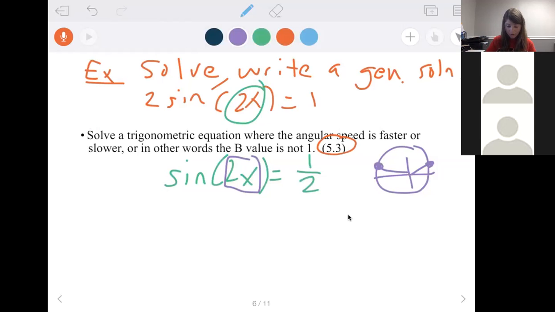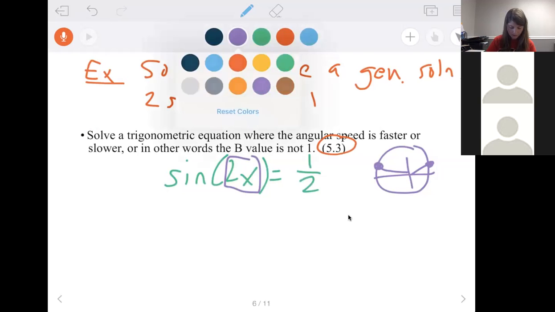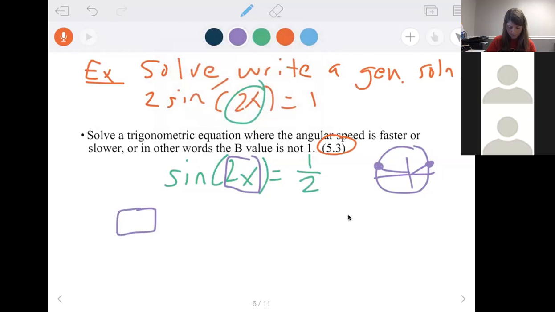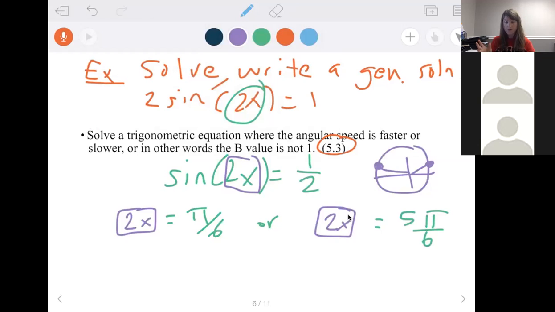So that means the angle we're looking for is either pi over 6 or the angle we're looking for is 5 pi over 6. Then go back in and think about, that's actually giving you 2 equations now to solve.